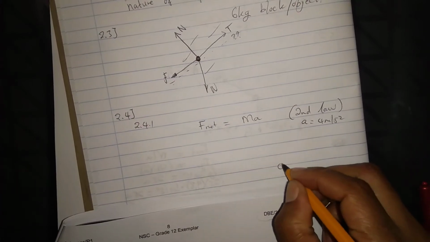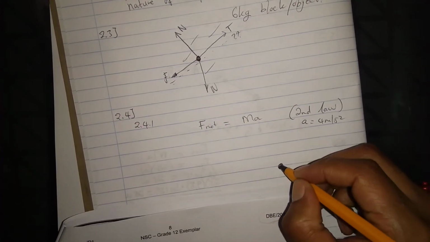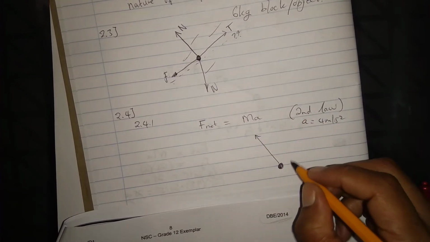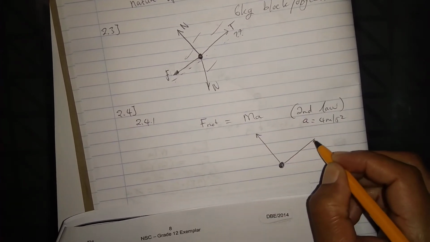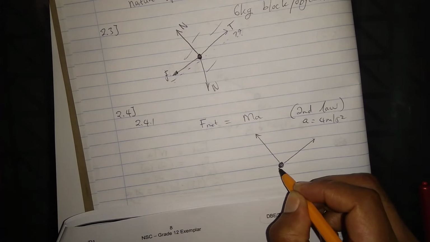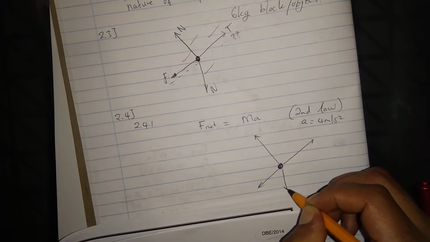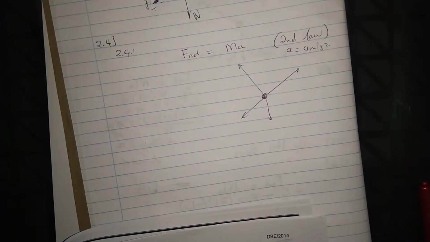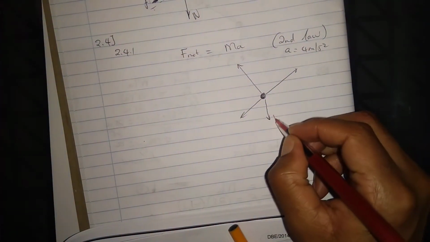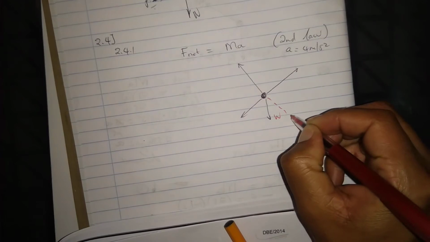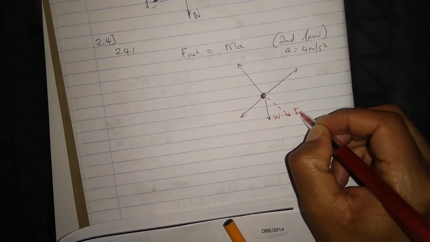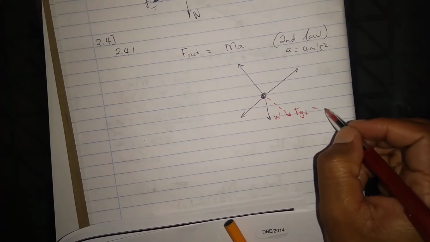Let me draw the free body diagram for the 6 kg block. Let me use a different pen. Remember the weight has components.